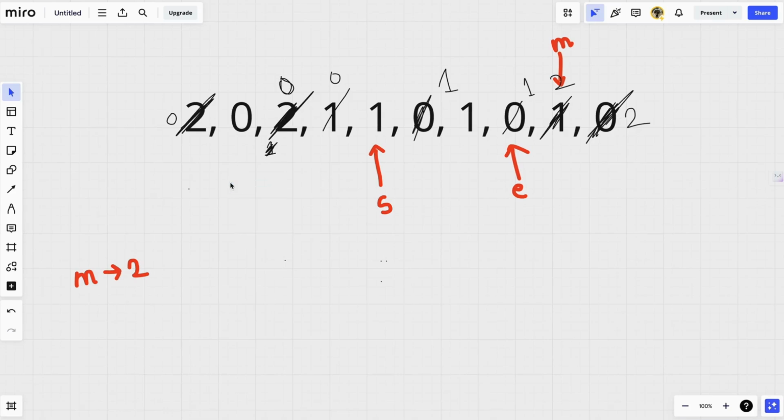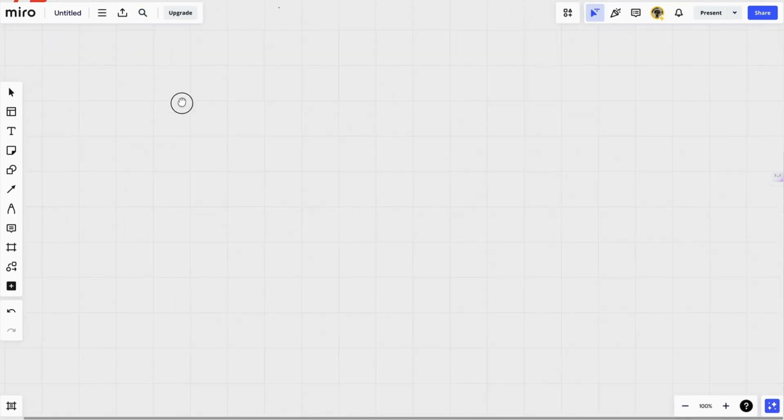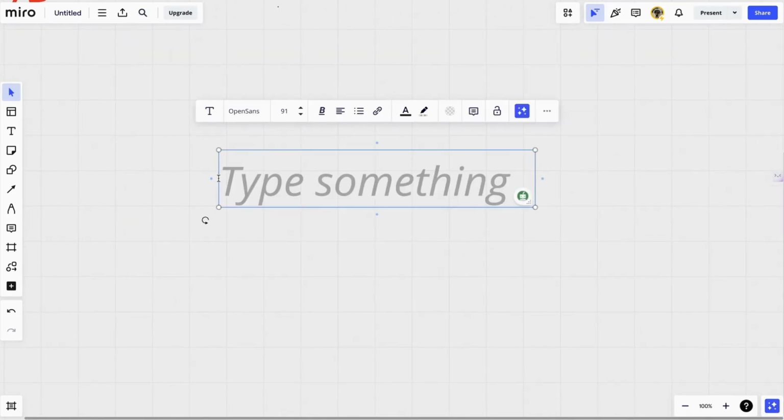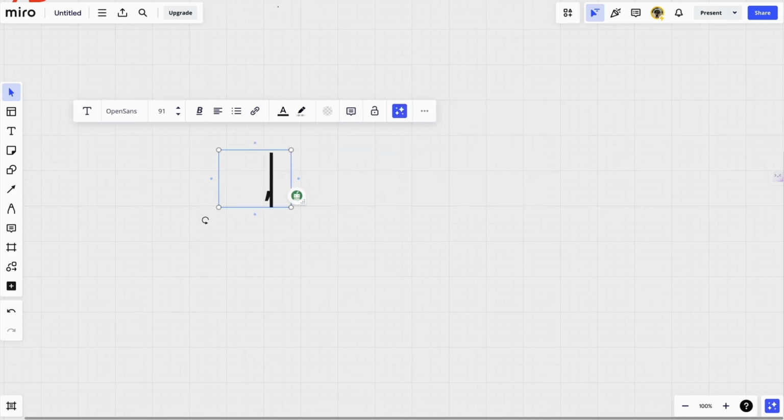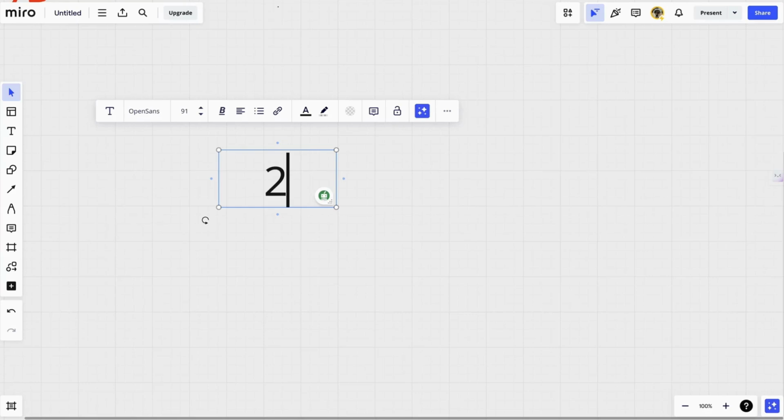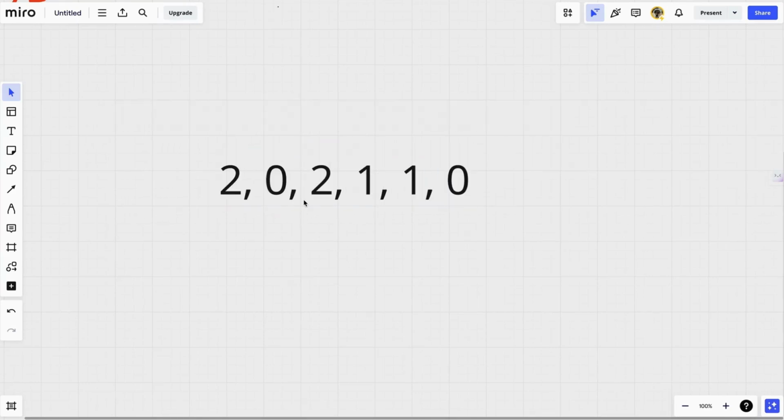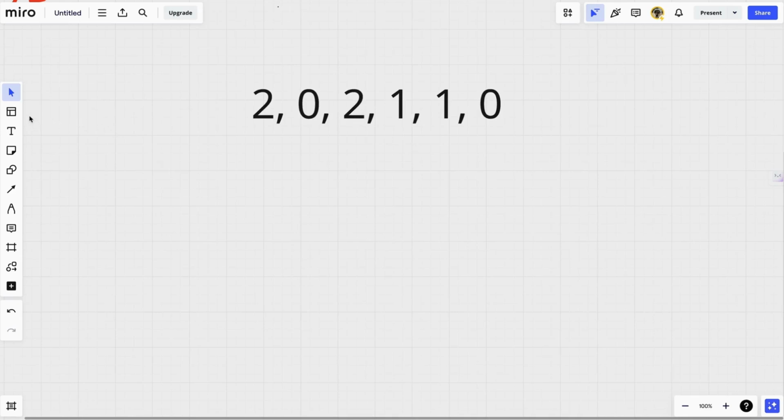Okay, so let's try another problem. Let's take the array 2 0 2 1 1 1 0. Again, the simple thing that we would be doing is this is the start pointer, this is the middle pointer, and this is the end pointer.